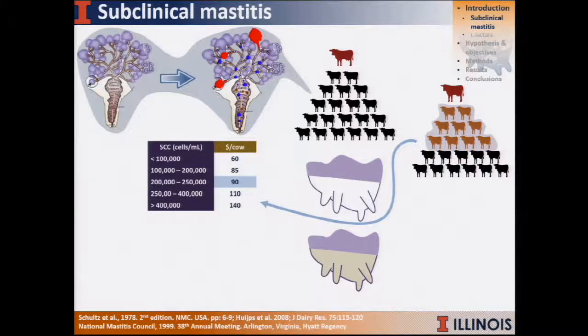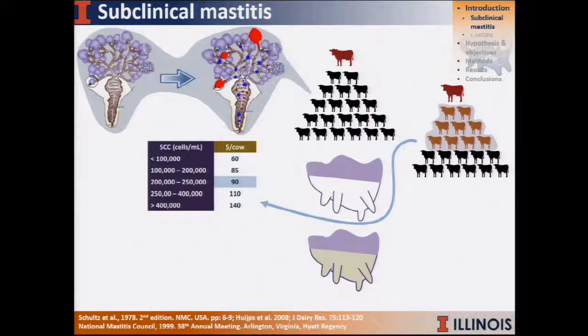Translate that to money: a cow with a somatic cell count around 200,000 costs the owner around $90. Increase the somatic cell count to 400,000, and it's going to cost the owner around $110. And 75% of this cost is due to loss in milk production.